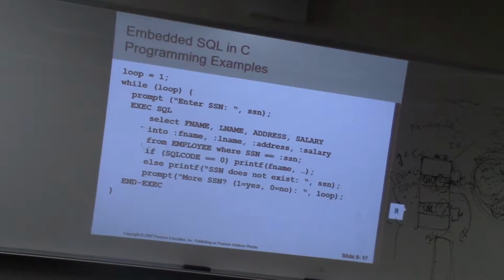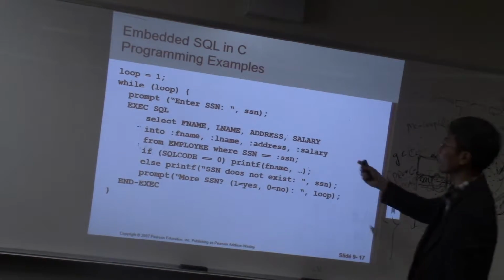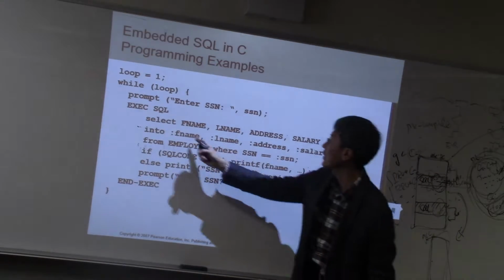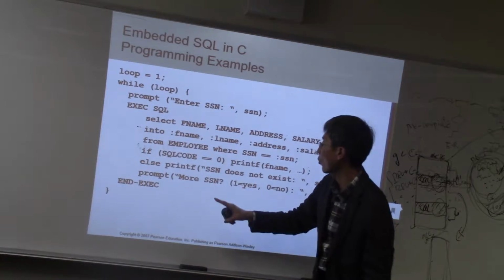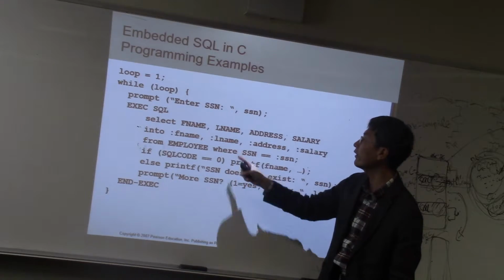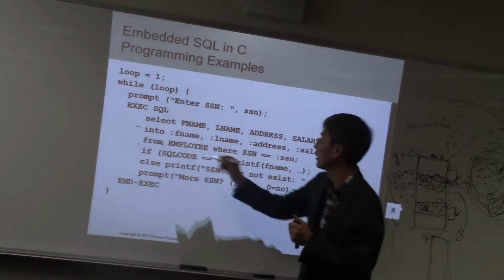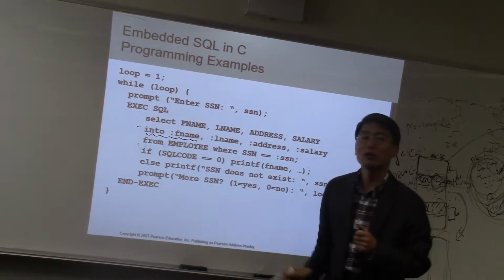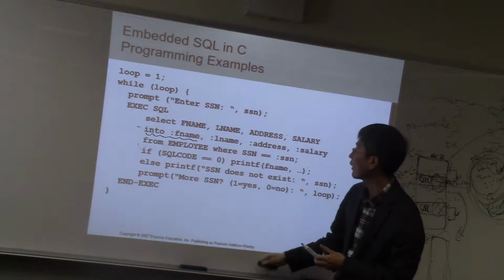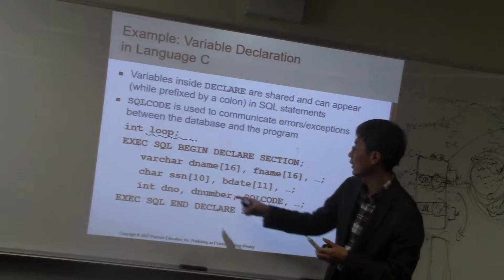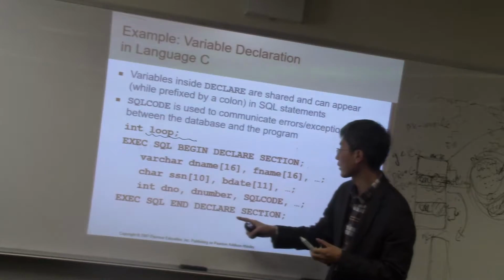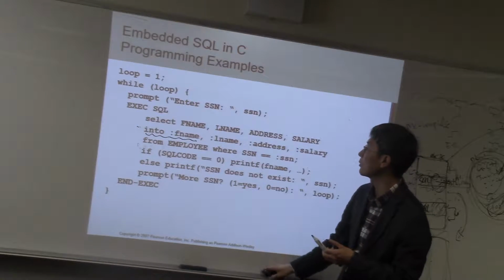Then finally, we can write the SQL like select from where condition. Then we can add the INTO clause. We define this variable here, F name, the SSN, so this will be used in between.